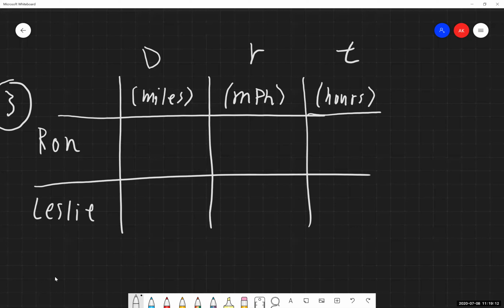How long will it take them to be 330 miles apart? So filling in what we know, the rate that each of them traveled. We're told Ron travels west at a speed of 72 miles per hour, so that's one of our rates. And then Leslie travels east at a speed of 76 miles per hour.